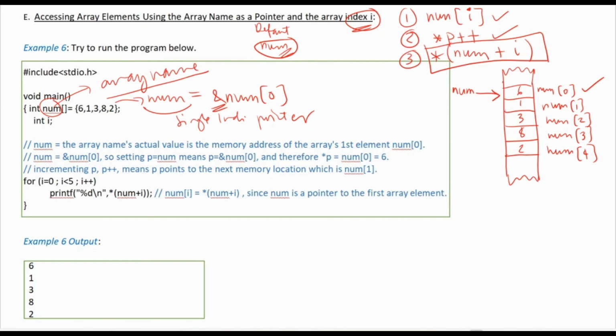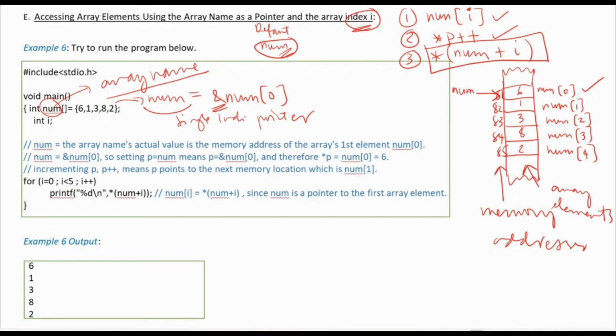Say for example, this is address 81, and so this is address 82, 83, 84, and 85. So again, 81 to 85 are memory addresses, while these values here are the array elements.